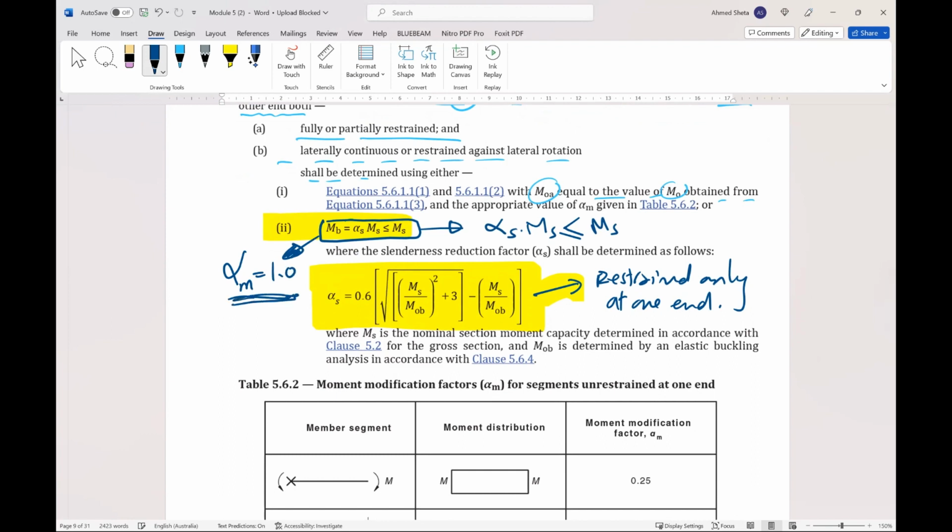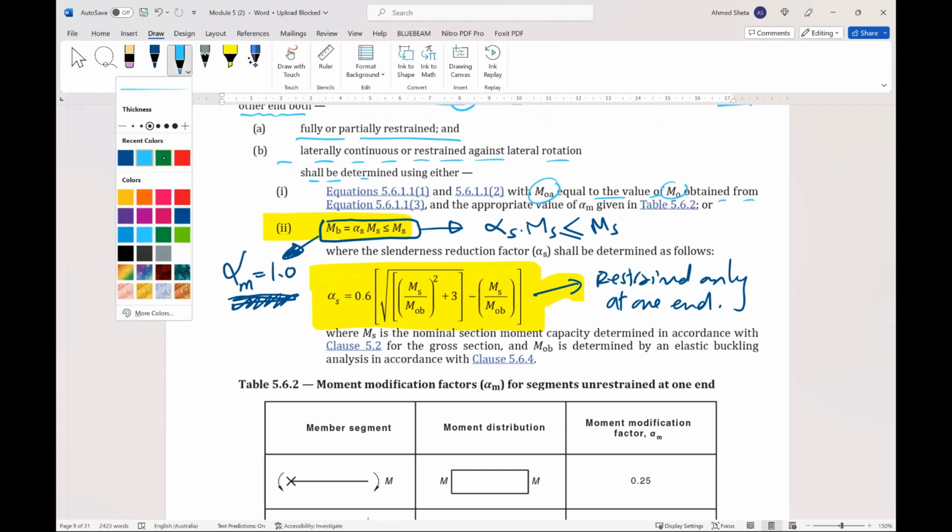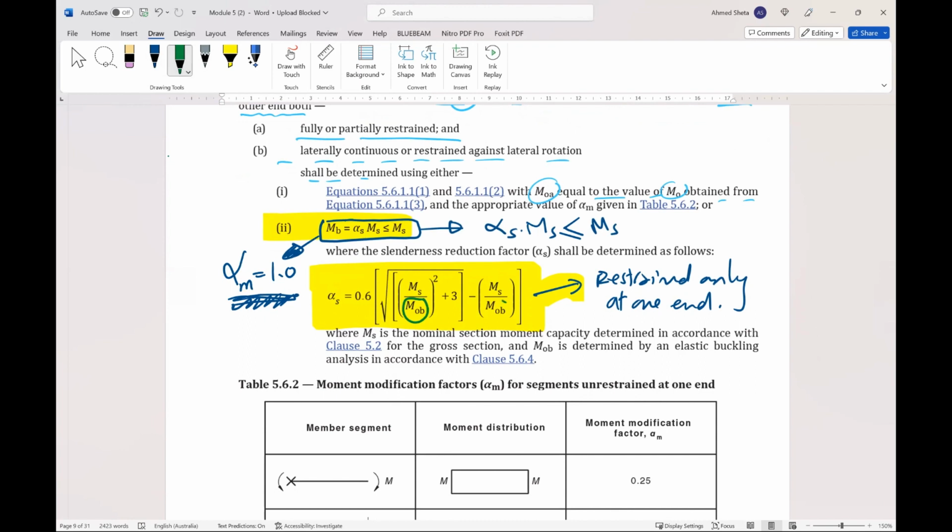If you look back at the formula, it was alpha M times alpha S times MS. Here you can take alpha M as 1. The other difference is that here it is not MOA, it is MOB, where MS is the nominal section capacity and MOB is determined by elastic buckling analysis in accordance with 5.6.4.